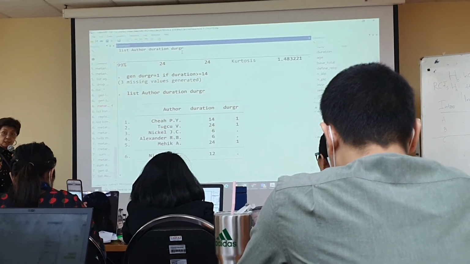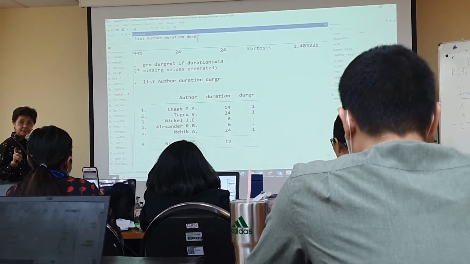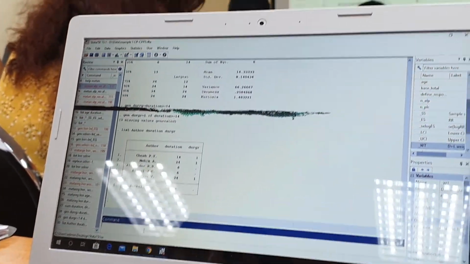So that meets our condition. Our condition is 14 or longer, and we have to do another round for shorter than 14, right?